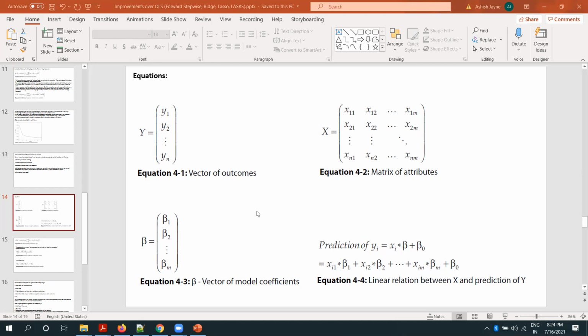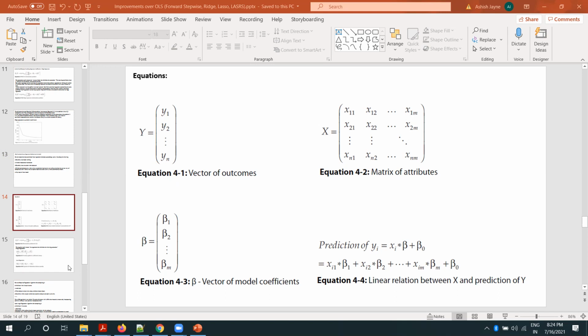one second, number of columns is m by 1, 1 by m. Okay, I'll recheck that.